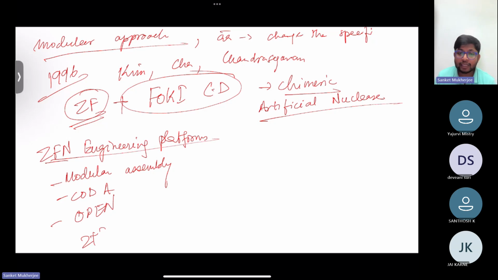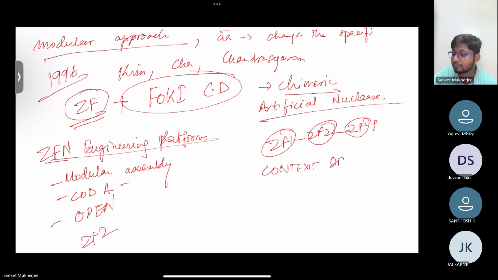As we already said, in the modular method, individual zinc finger motifs are joined together so that it will bind to your sequence of interest. In the context dependent assembly, CODA, all these zinc finger sequences are already archived in the library.